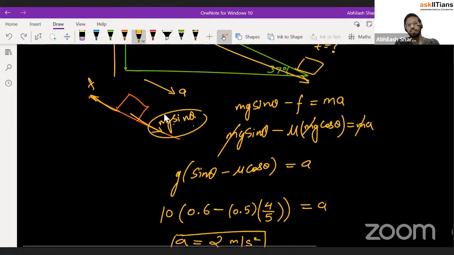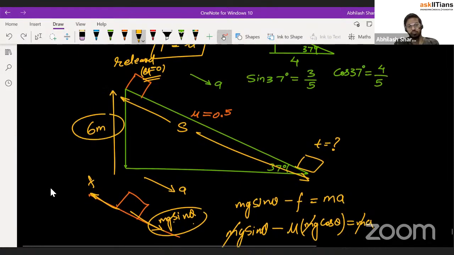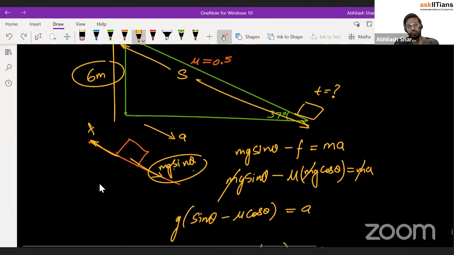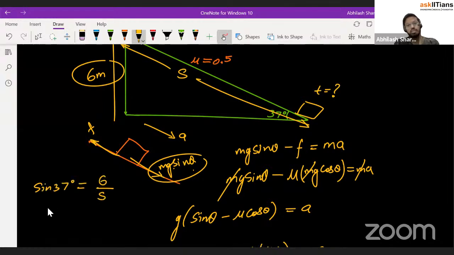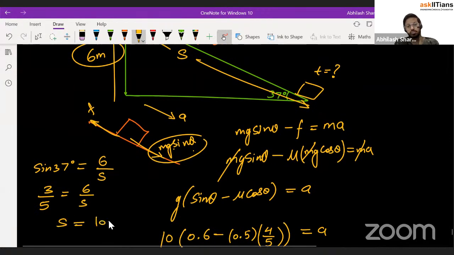Sine 37 here, see. Sine 37 is 6 by s. Sine 37 is 3 by 5 and that's 6 by s. So s comes out to be 10 meters. The displacement of the block is 10.